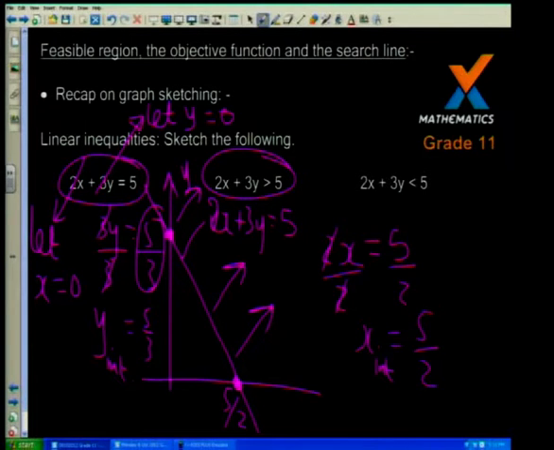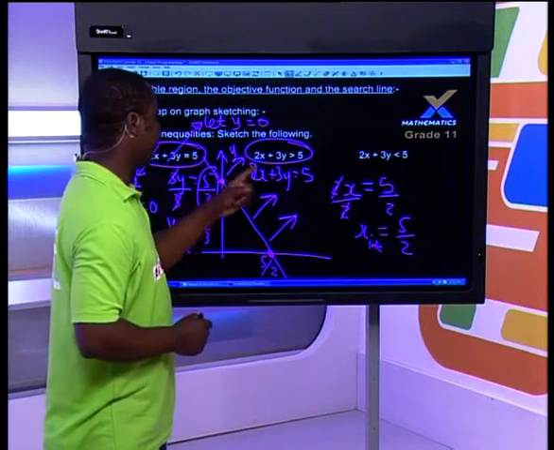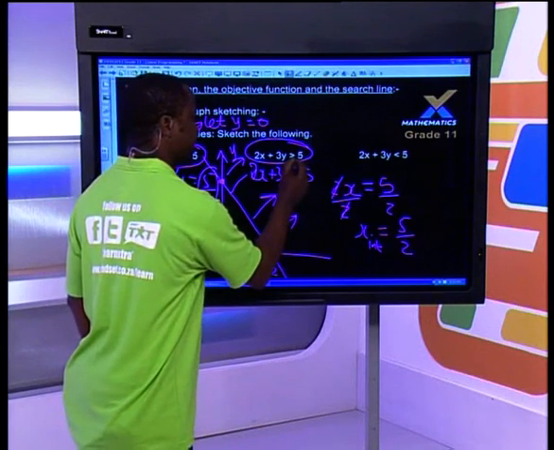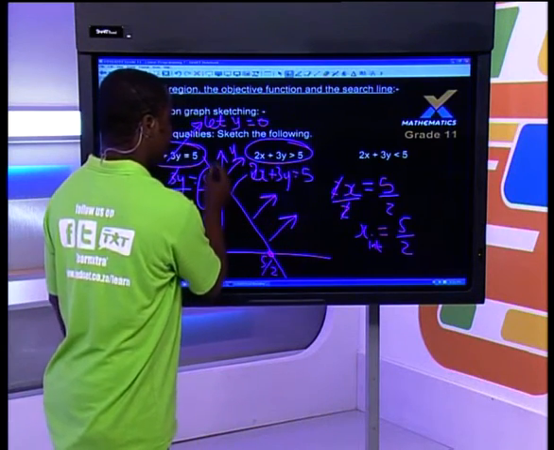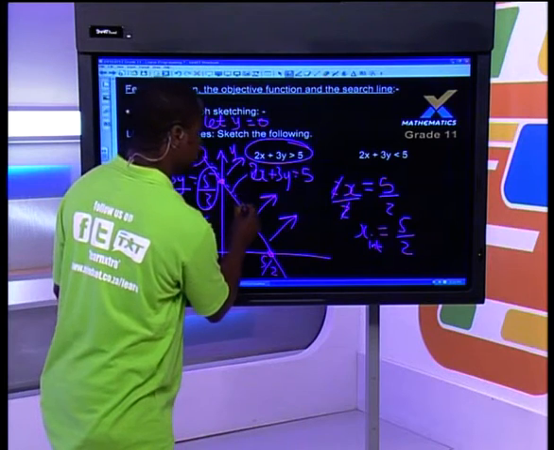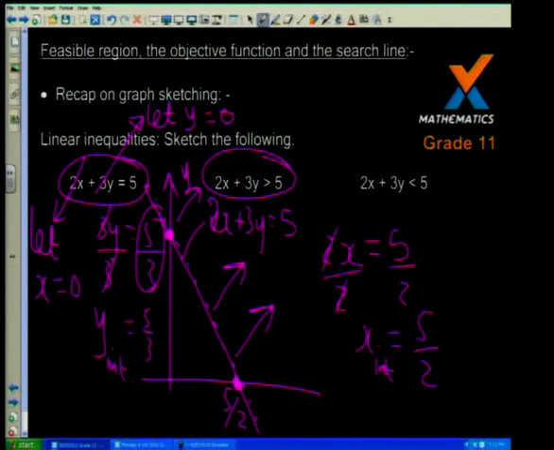And notice that because it doesn't say greater or equal to, we actually would be representing it as a dotted line. If it was saying greater and equal to, that solid line would apply. So this is now representing 2x plus 3y greater than 5.